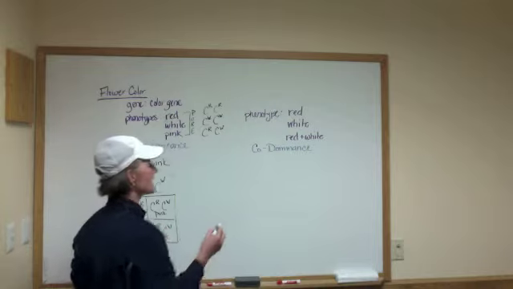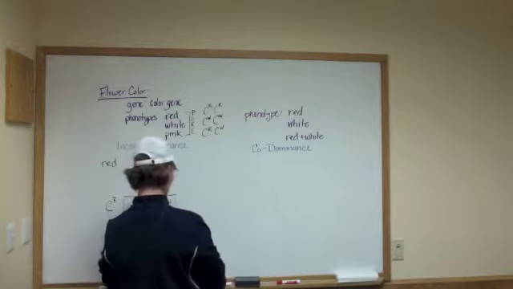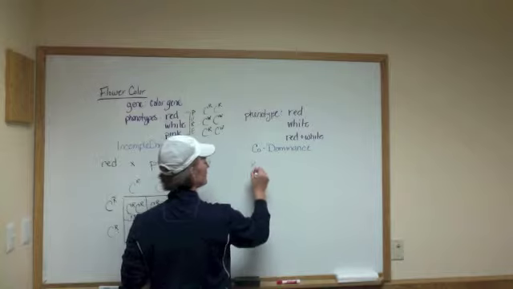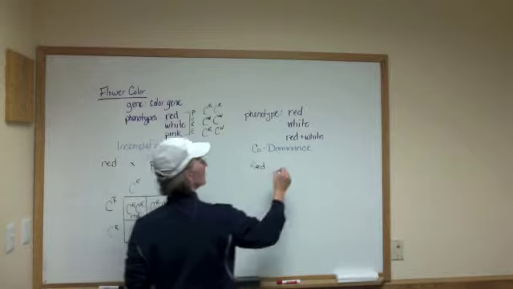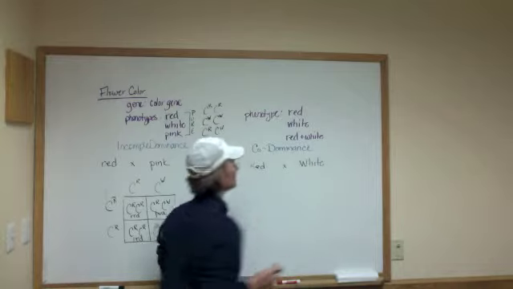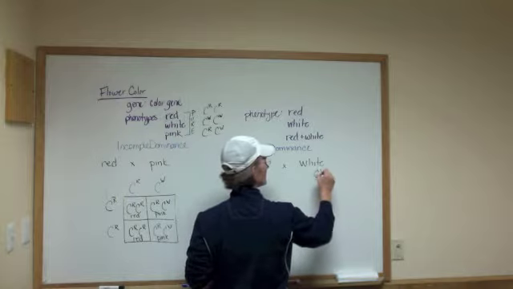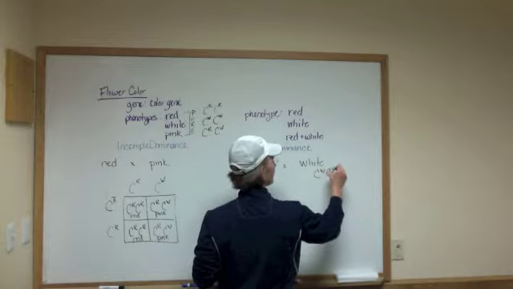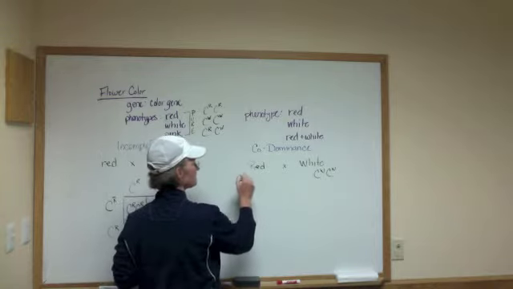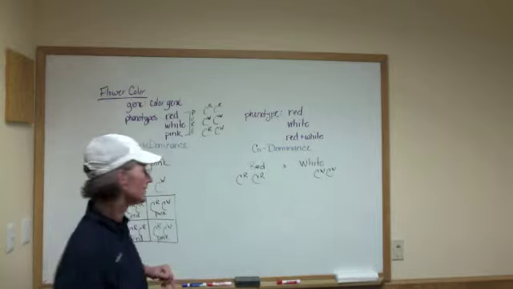So I'm going to take a red plant for this particular example, and I would like to cross a red plant with a white plant. Now I've just given you their phenotype. This is going to be the genotype of the white plant, and that is the genotype of the red plant.